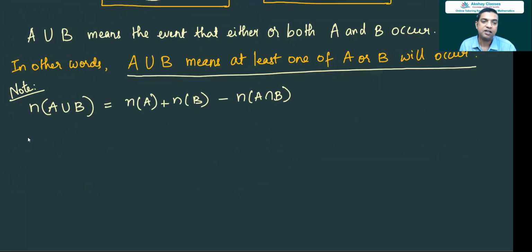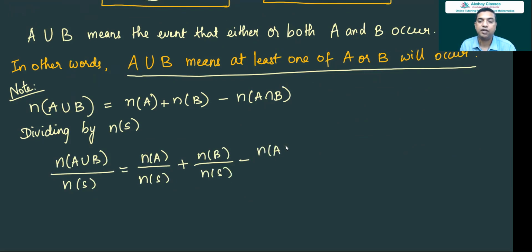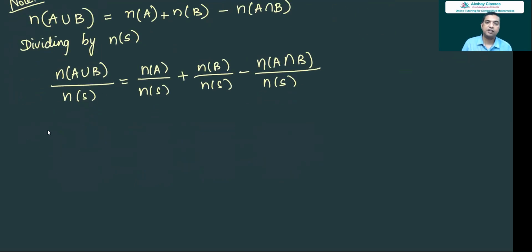So these are from sets. Now dividing by the total size of the sample space, you get n of A union B by n of S is equal to n of A by n of S plus n of B upon n of S minus n of A intersection B by n of S. So we have divided both sides by n of S. The left side gives us the probability of either A or B occurring.